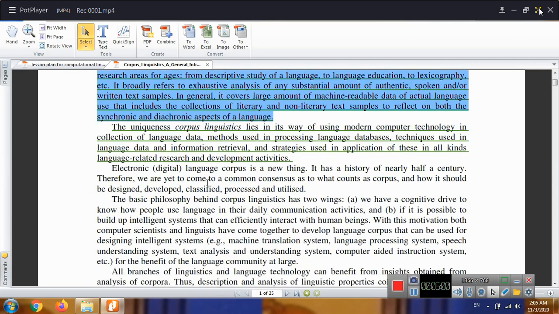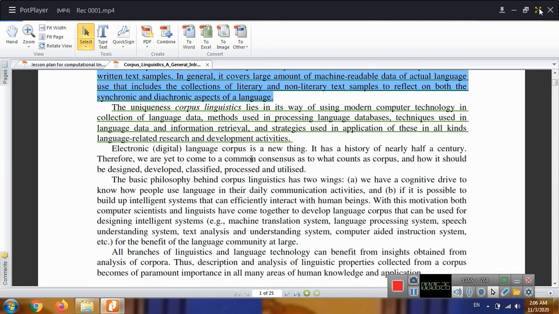The uniqueness of Corpus Linguistics lies in its way of using modern computer technology in collection of language data, methods used in processing all language databases, techniques used in language data and information retrieval, and strategies used in application of these in all kinds of language-related research and development activities.